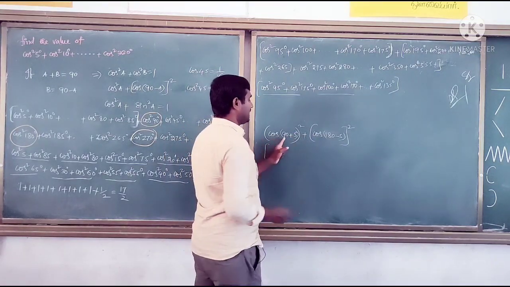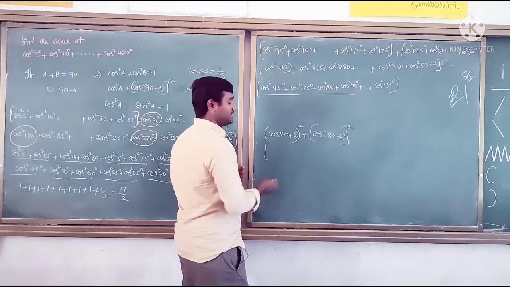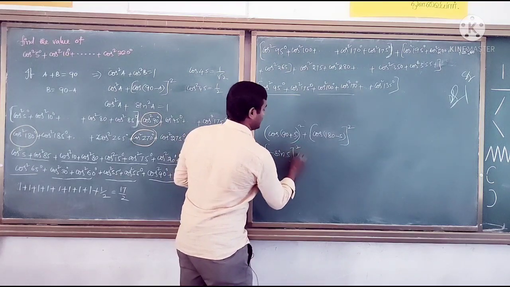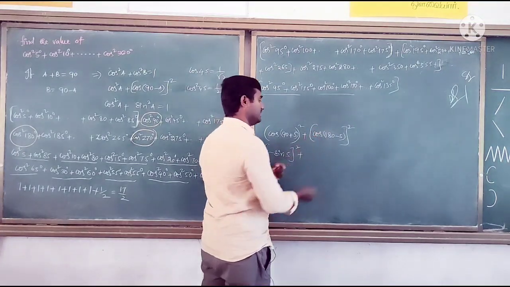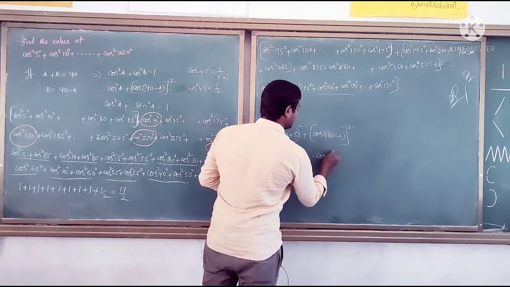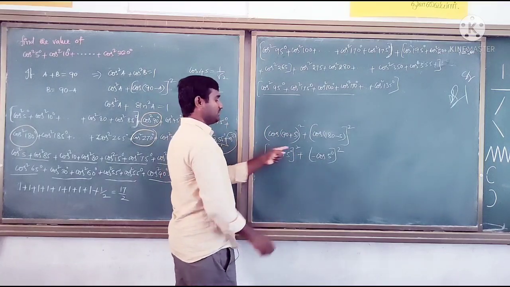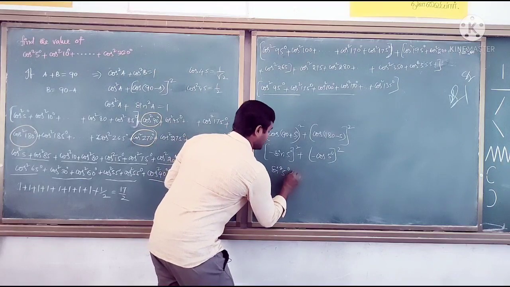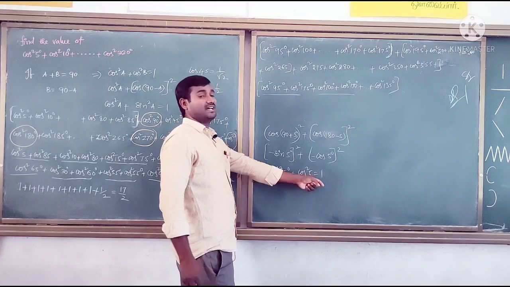So cos 90 plus 5, in the second quadrant, cos is negative, that is minus sin 5 degrees whole square. And cos 180 minus theta is in the second quadrant. In the second quadrant cos is negative or positive? Negative, so minus cos 5 degrees whole square. If it is a negative number, if you square it, it becomes positive. So sin square 5 degrees plus cos square 5 degrees, we will get as 1. Sin square theta plus cos square theta is 1.